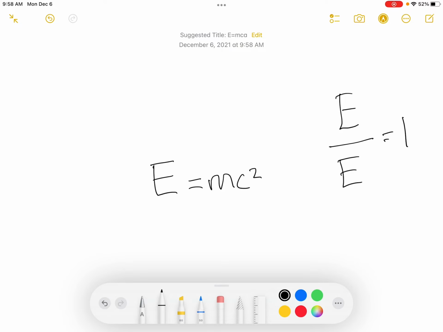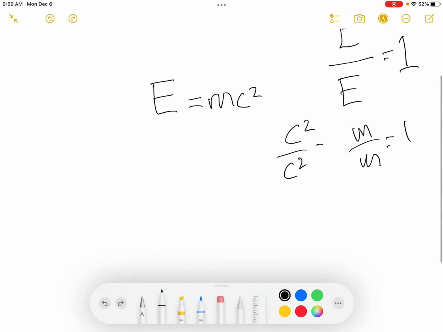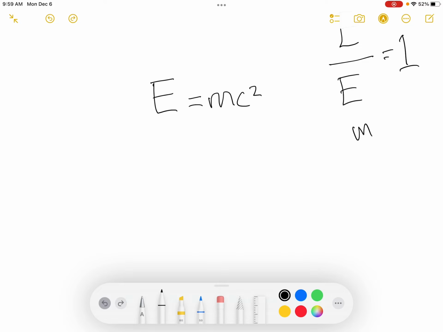So E divided by E is 1, m divided by m is 1, c squared divided by c squared is 1, and when something is equivalent to 1, that can really simplify things. So let's take that separate superpower along with our first one, and manipulate this formula to find m, or to isolate m.